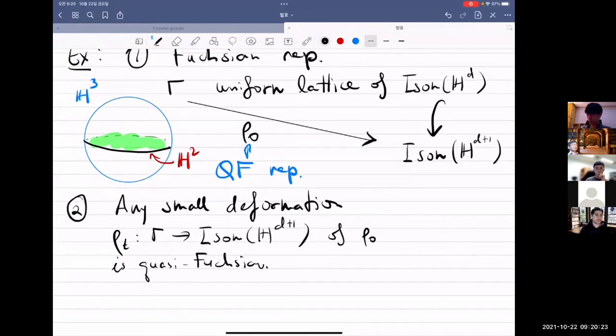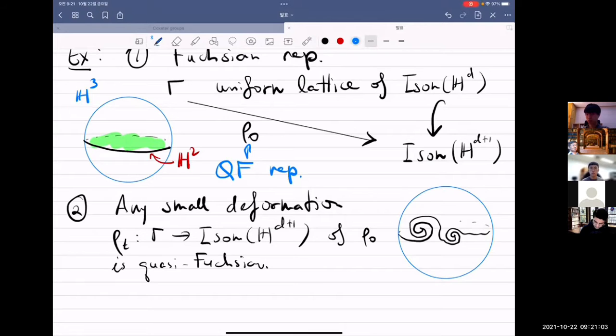Of course, if you look at the limit set, it looks quite different, maybe something like this, but still homeomorphic to S^1. You can also see that this is convex co-compact. So any small deformation of a Fuchsian representation is convex co-compact. These are the examples.